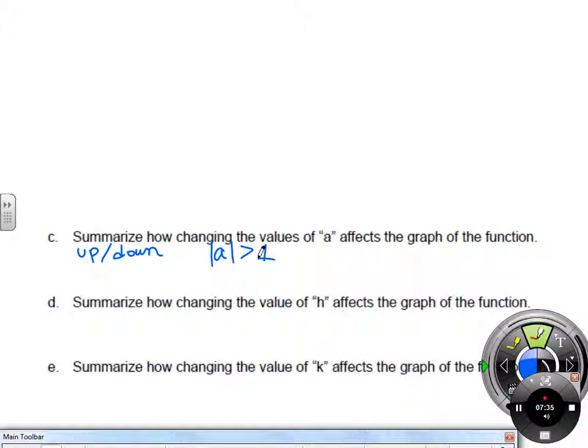So if I'm making the graph more narrow, the V is getting, am I stretching it or am I compressing it? Stretching it, right? Think about grabbing that paper top and bottom. So this is going to be a vertical stretch. Whereas if it was less than 1, then what would happen is we would have the vertical compression.